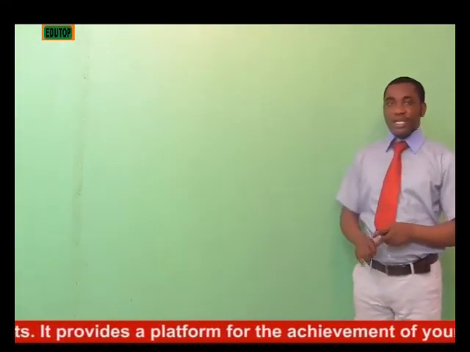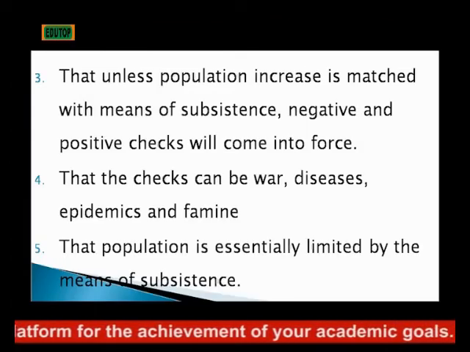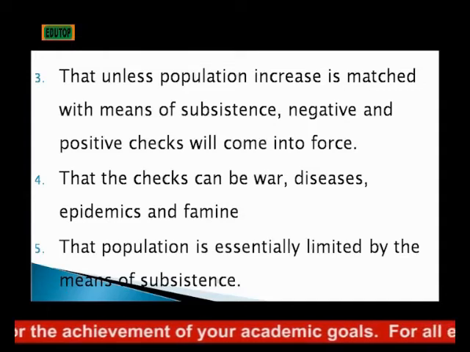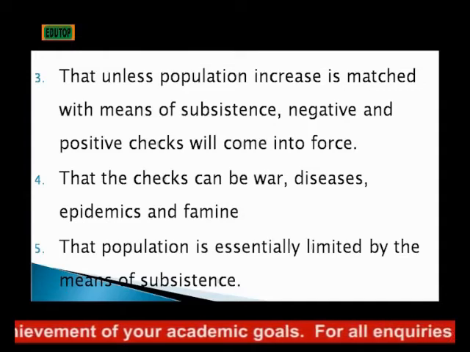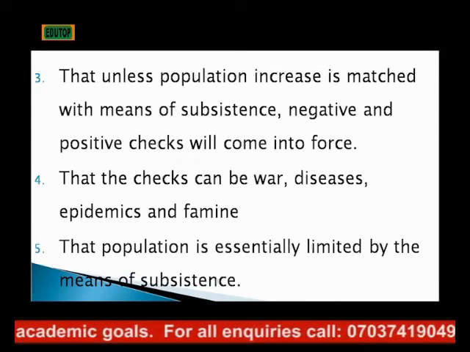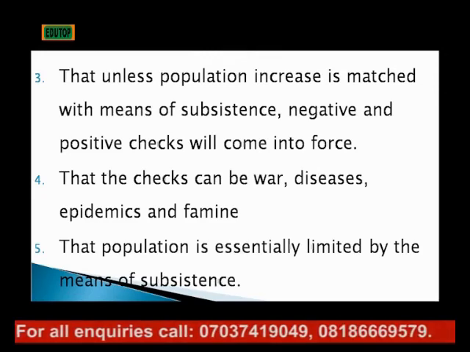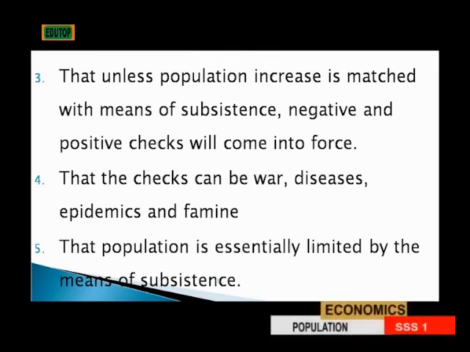Also, another feature is that unless population increase is matched with the means of sustenance, negative or positive checks will come into force. That is, the way to check it in the future may bring negative effects and it may likely bring positive effects. It depends on how it is handled.